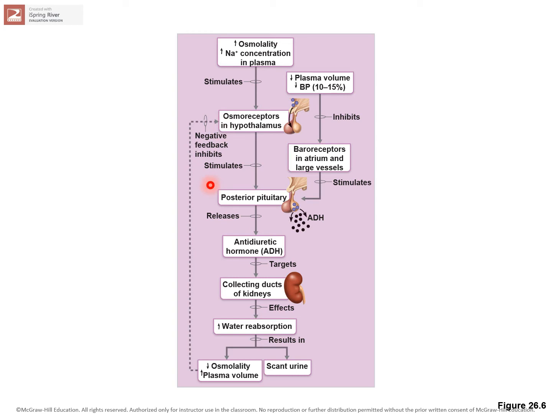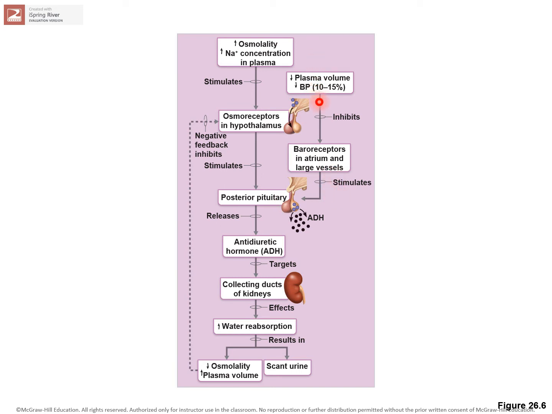I've told you before, if there's one thing that you really need to know in anatomy and physiology, it is the difference between positive feedback and negative feedback, because you come across these terms everywhere, right? The other mechanism for regulating water is through baroreceptors in the atria.